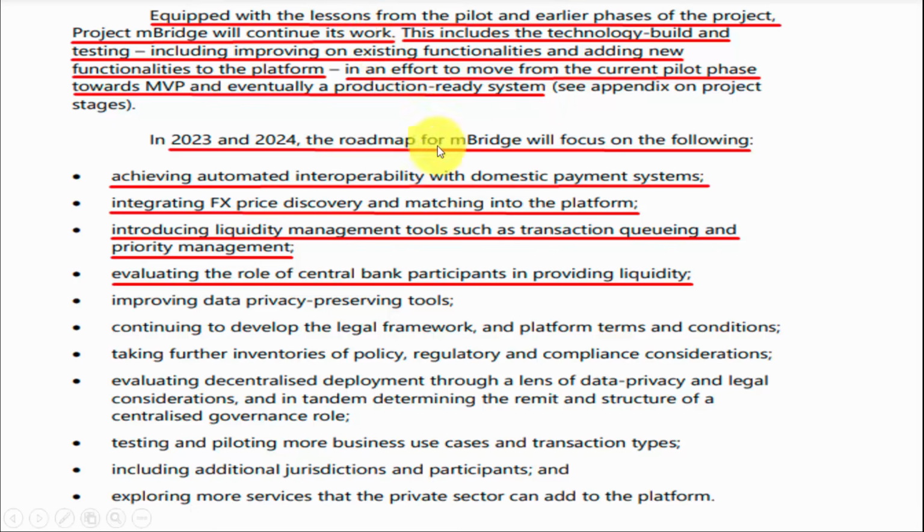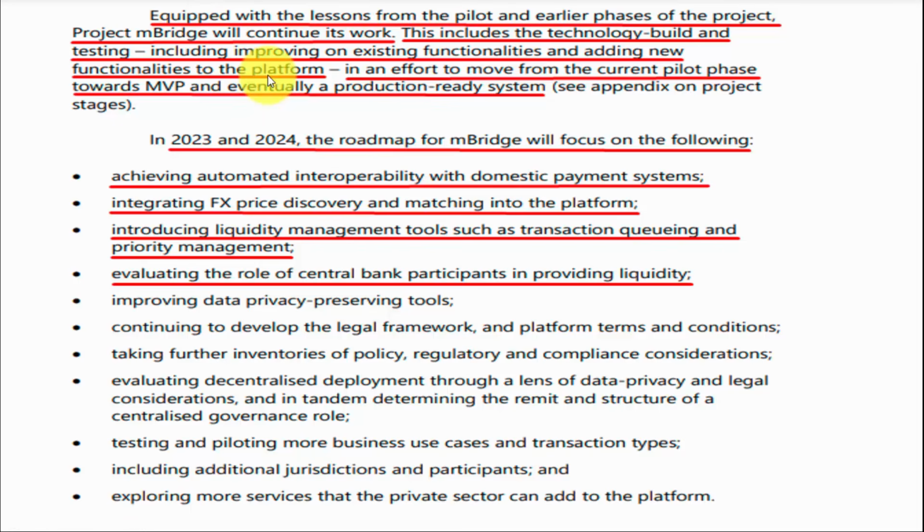And here are some of the things they're going to work on and their roadmap. This includes the technology build and testing, including improving on existing functionalities and adding new functionalities to the platform. So as you can see, Project mBridge is going nowhere.